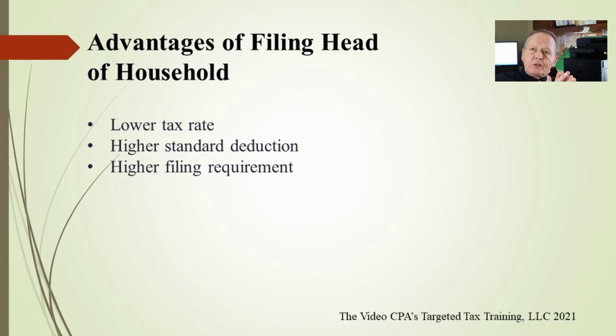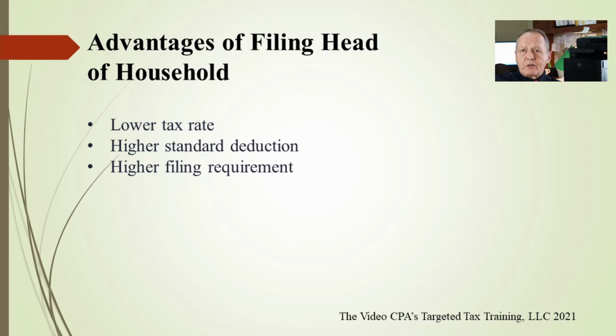Now, the advantages of filing head of household, and there are some distinct advantages. One, you've got a lower tax rate when you file head of household as opposed to filing single. Not quite as good as filing married, but much better than filing single. So there has been some emphasis to try to file head of household instead of single.